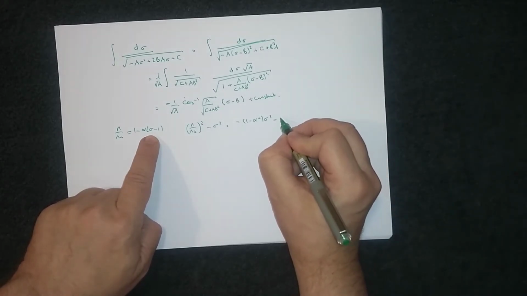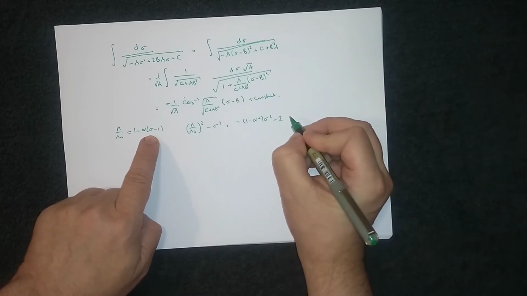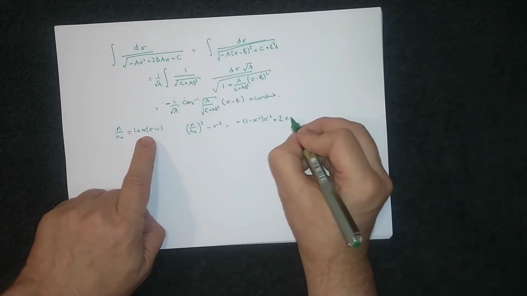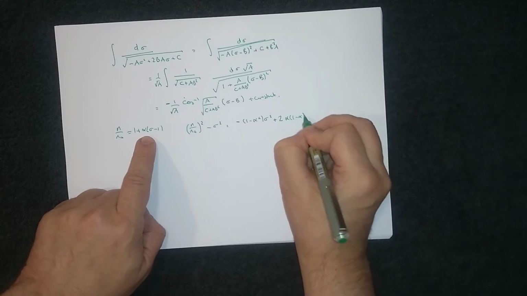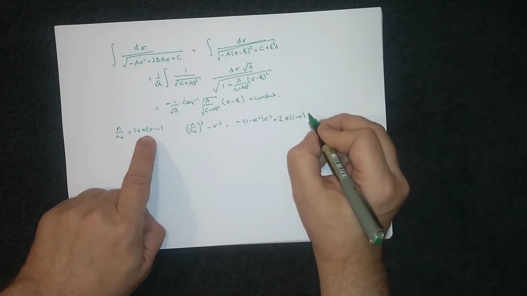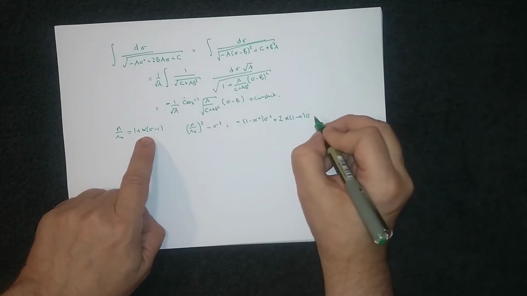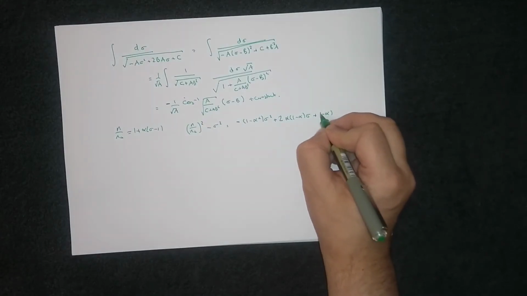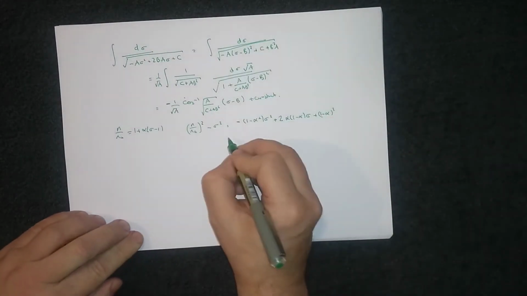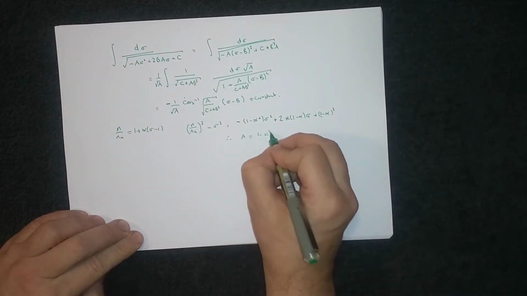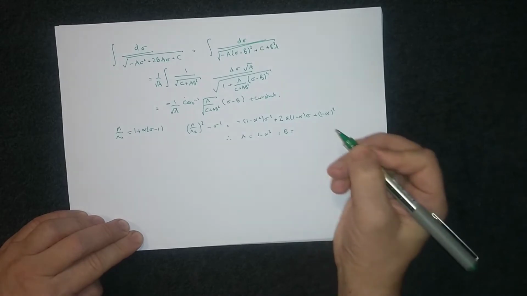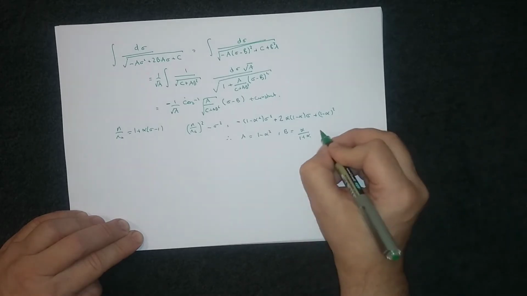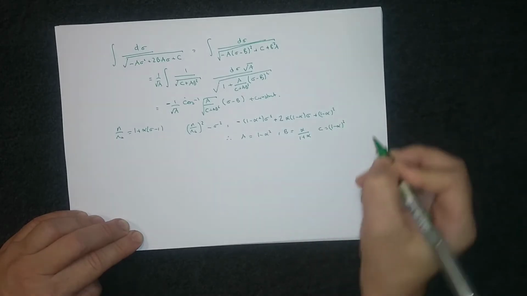That'll give me a plus 2 alpha, 1 minus alpha, sigma, plus the constant term is 1 minus alpha squared. So therefore a is 1 minus alpha squared, b is alpha over 1 plus alpha, and c is 1 minus alpha squared.